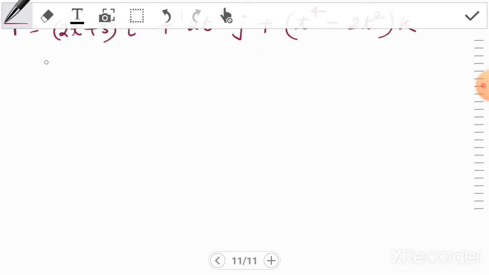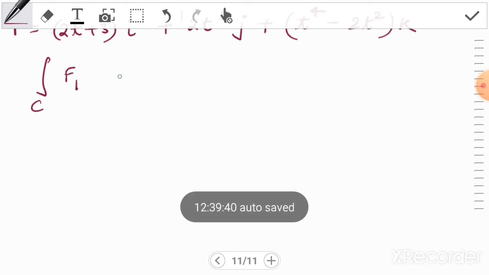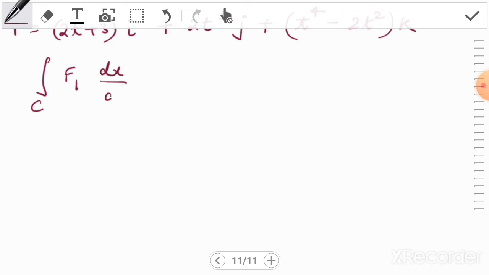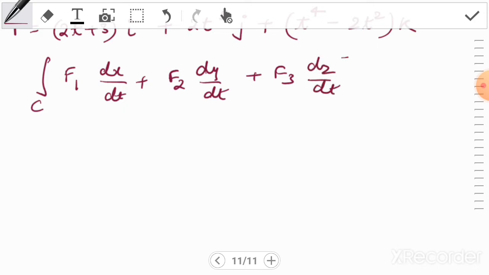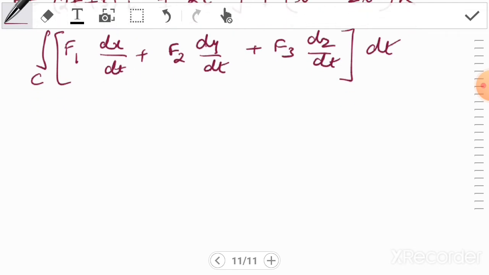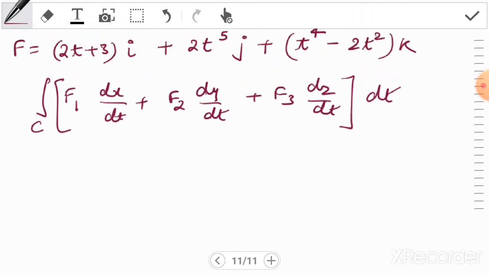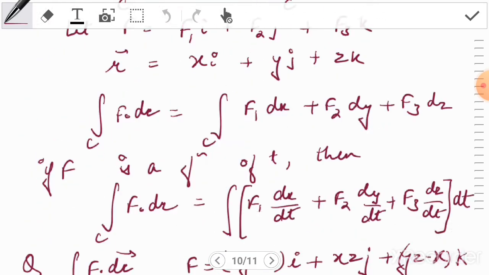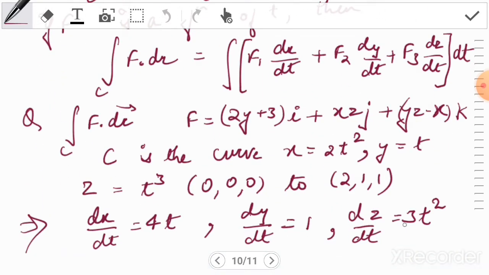Now, since we know that the line integral is f1 dx by dt plus f2 dy by dt plus f3 dz by dt, and we got dx by dt, dy by dt, dz by dt as 4t, 1 and 3t square, let us substitute the values.